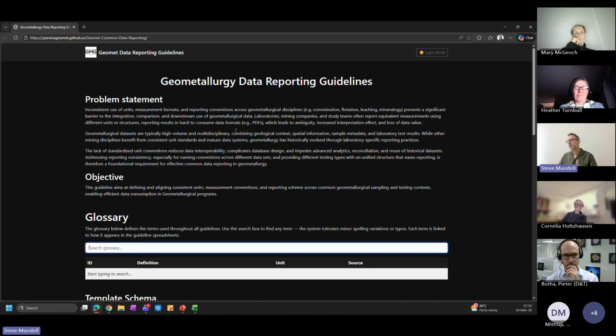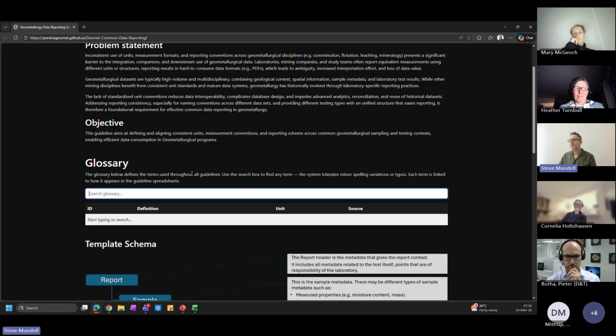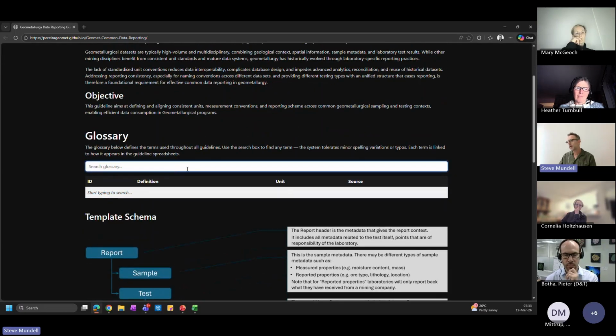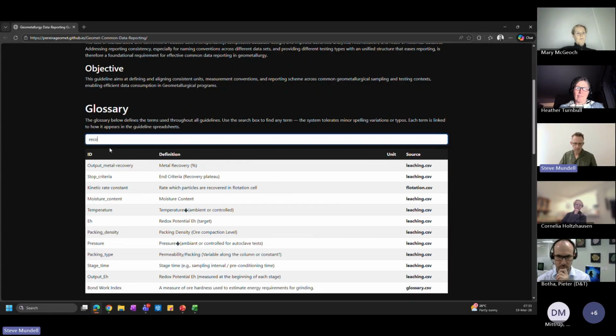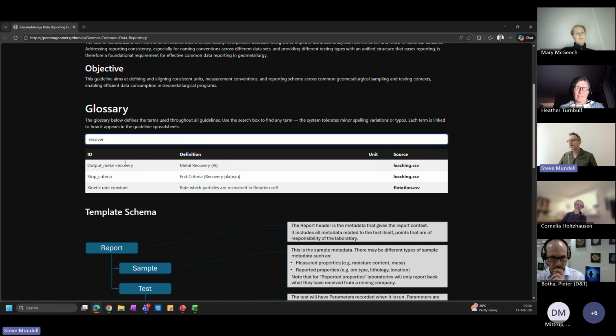So here, we're able to represent the guidelines, and to have a glossary so that we get into common language. Here I could search for recovery. If you're having trouble with what recovery is, how it's used, what its definition is, you can search through it, find the definition and where it's used.